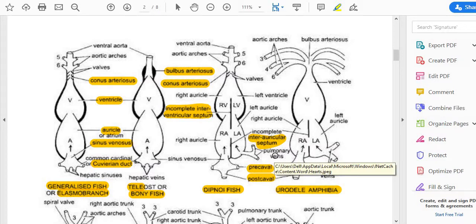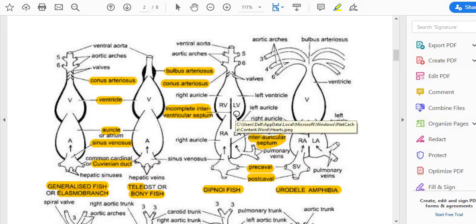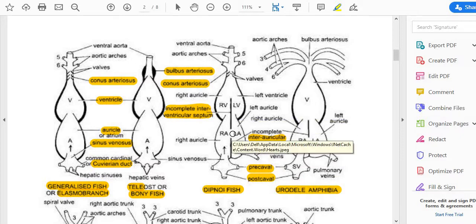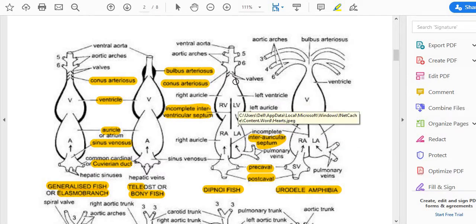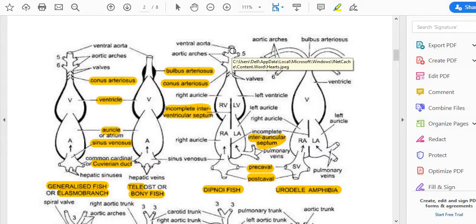So through pulmonary veins, the pure oxygenated blood is taken into the left auricle, which flows into the left ventricle. Here, because the auricles and the ventricles are partially divided, there is mixing of blood taking place. So from the left ventricle, it moves to the ventral aorta, and from here it will go to the other parts of the body.